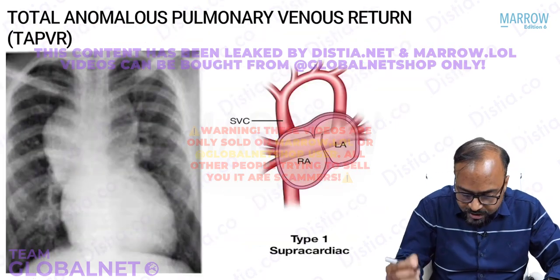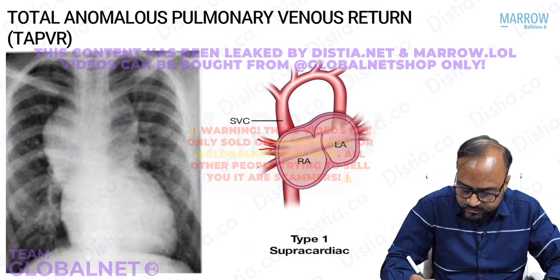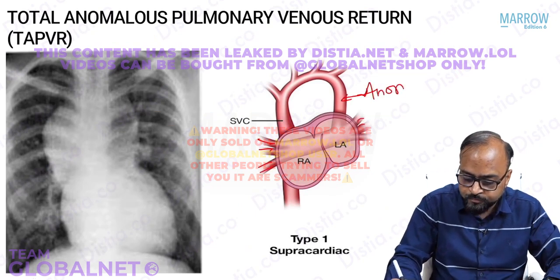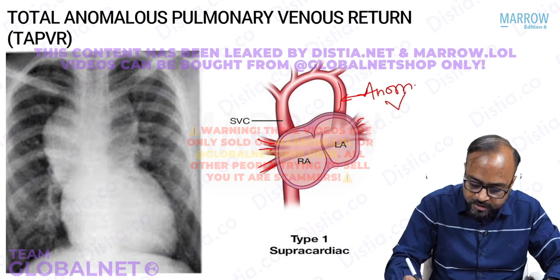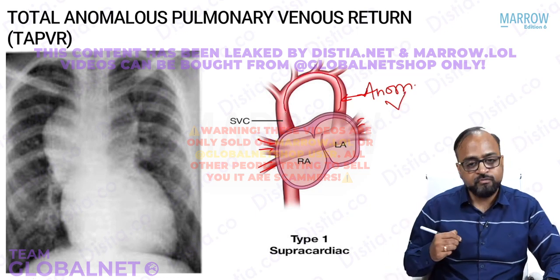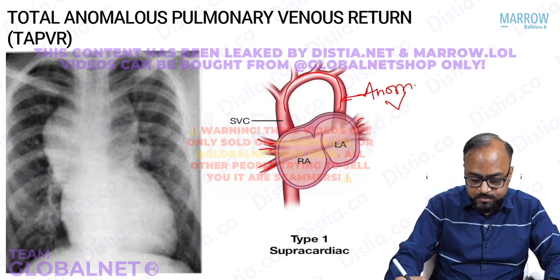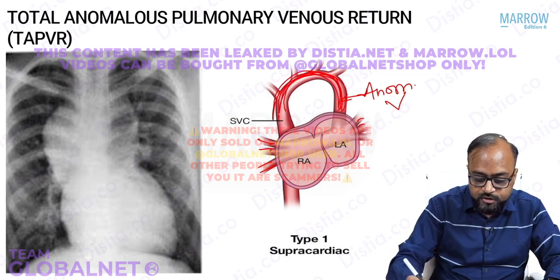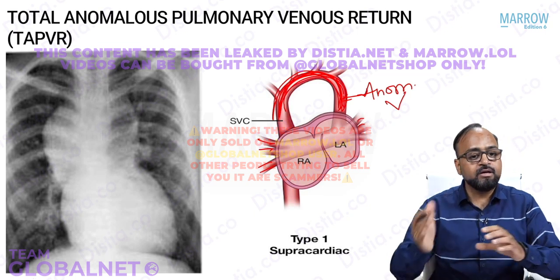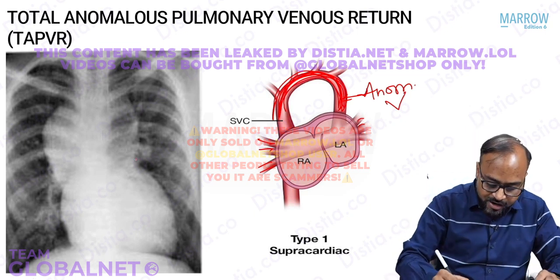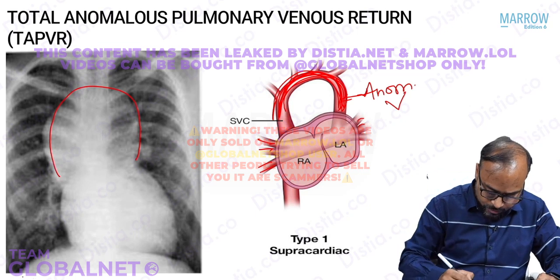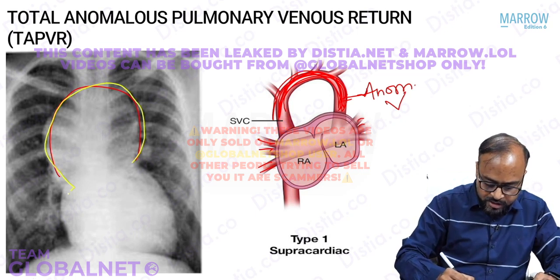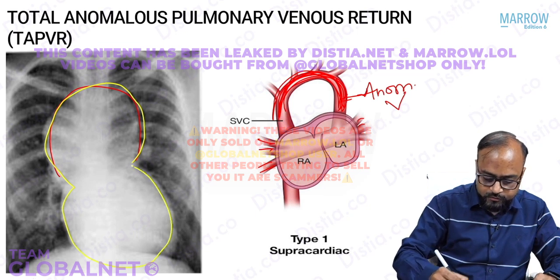And it is this supracardiac type. What is the supracardiac type? We have seen that these veins form an anomalous vein. And this anomalous vein goes up, drains into the innominate vein, right? And then it comes down. Because of this particular structure of venous channels, they create this upper round shadow or upper round opacity, that is the head of the snowman, and the normal heart forms the body of the snowman.